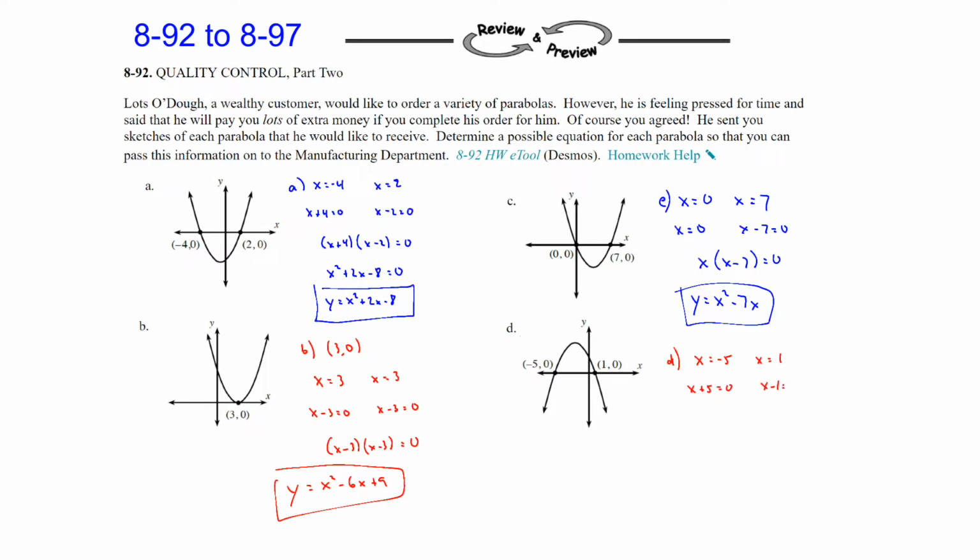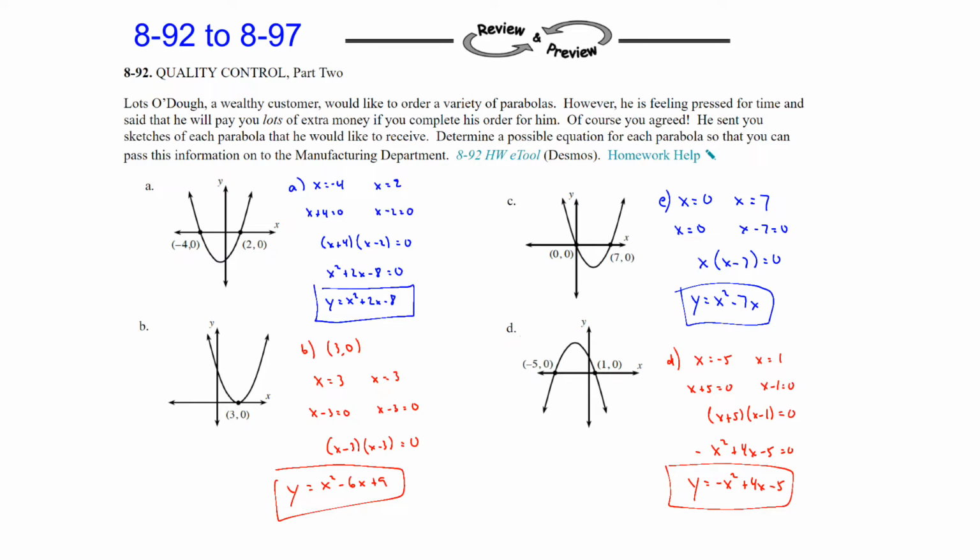Subtract 1. And so those are our 2 factors, x plus 5 and x minus 1. And we'll multiply that out, and we get x squared plus 4x minus 5. And because it is opening down, that means this needs to be a negative. So our equation is y equals negative x squared plus 4x minus 5.